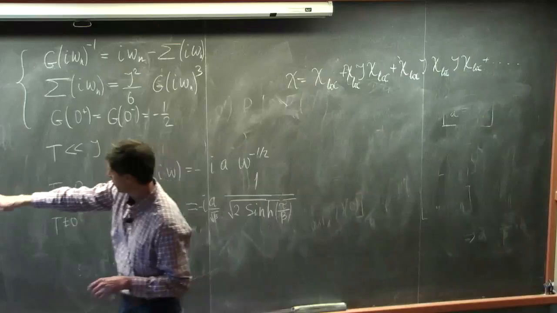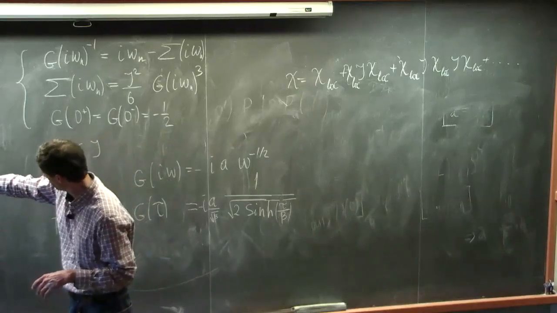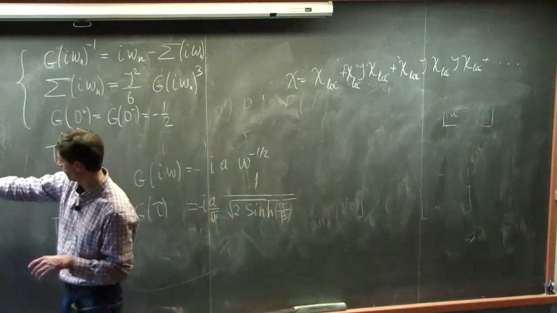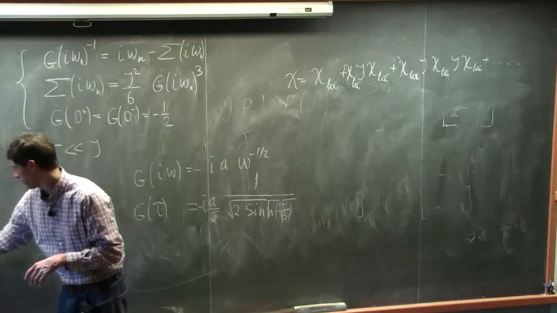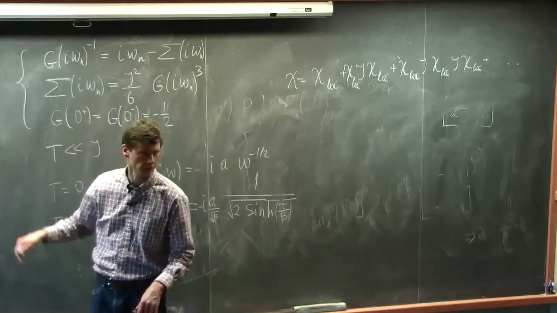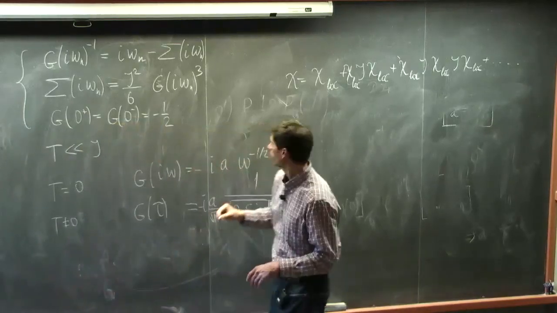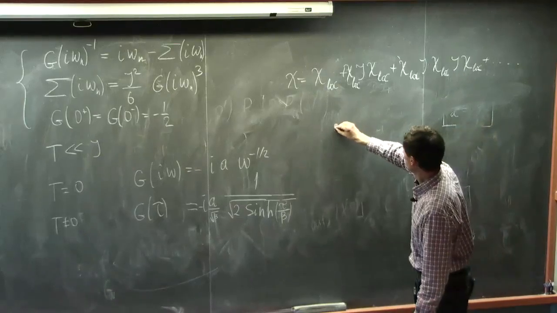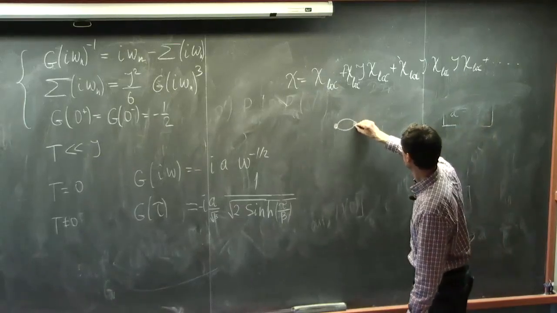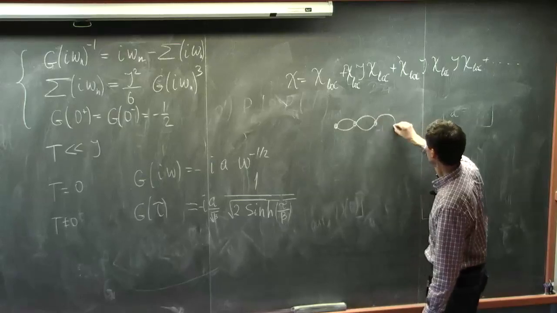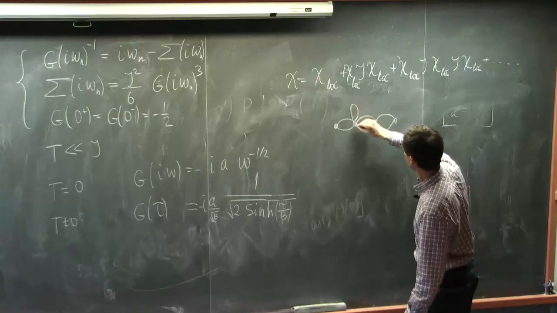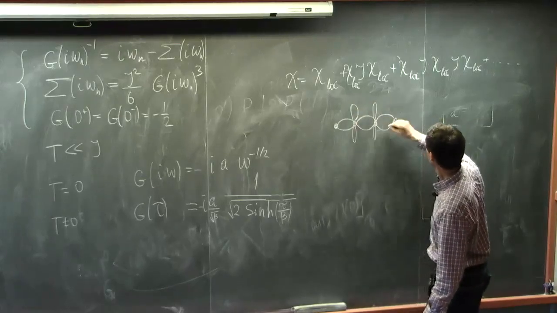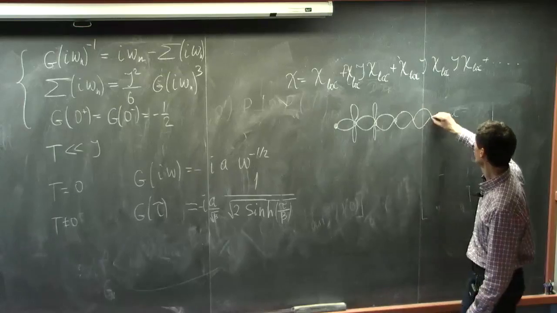In terms of these diagrams, I drew this diagram specifically for this purpose, not in the traditional form, but in this bubble form, because now this expansion corresponds to this chain, and this chain will continue.